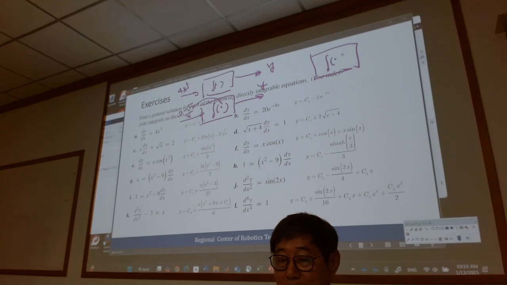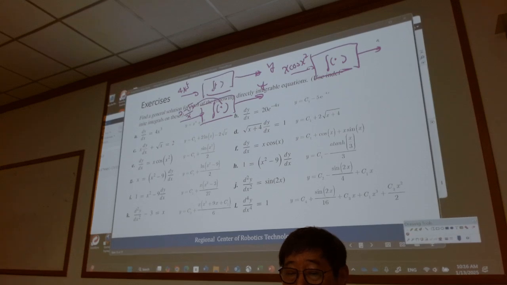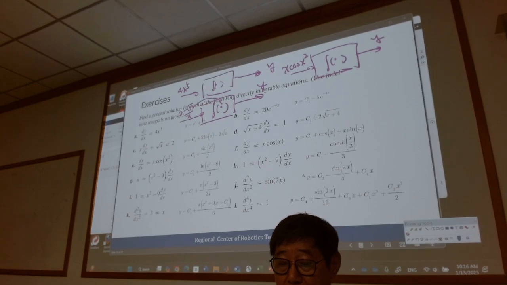Integrate. Input x cos x squared, integrate equal to y. Okay, similar to this one.